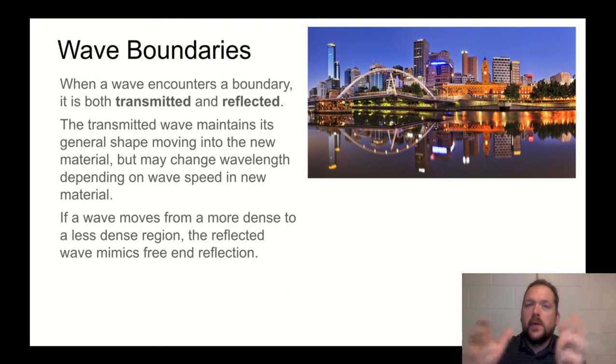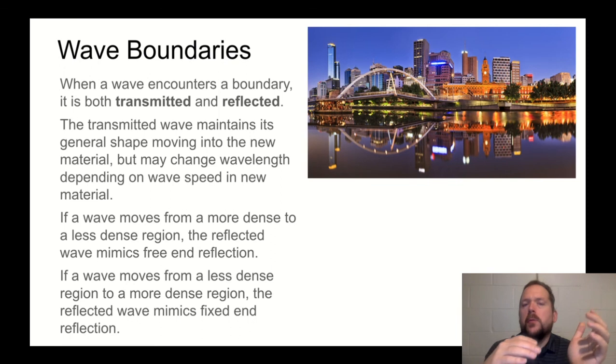So recall again, free end reflection, when you have a pulse on a string, that pulse is transmitted back on the same side of equilibrium. It does not change its orientation. However, if a wave moves from a region that is less dense to a region that is more dense, the portion of the wave that's reflected is actually mimicked by fixed end reflection, where the pulse switches its orientation relative to equilibrium.